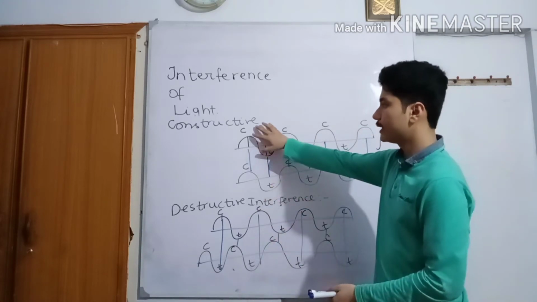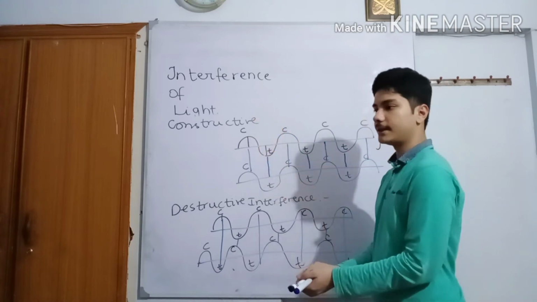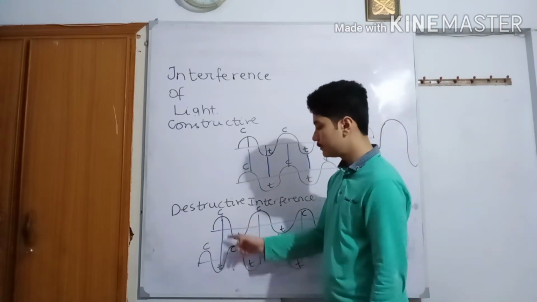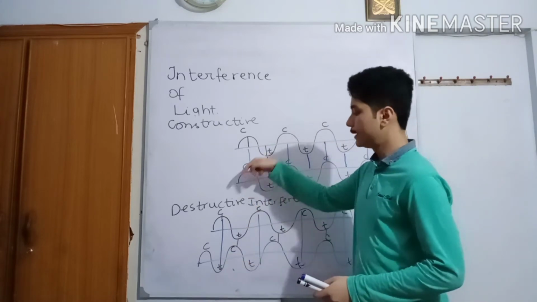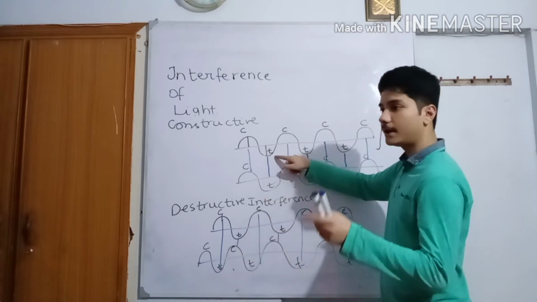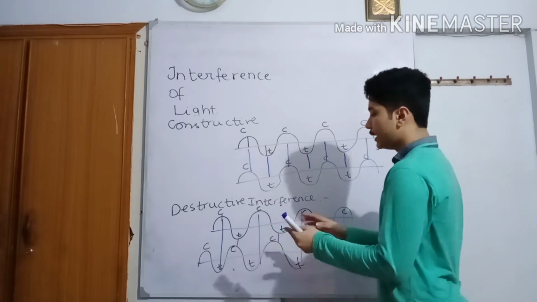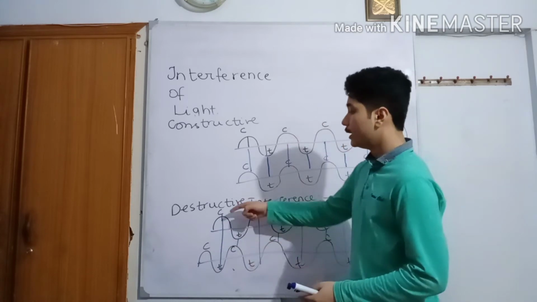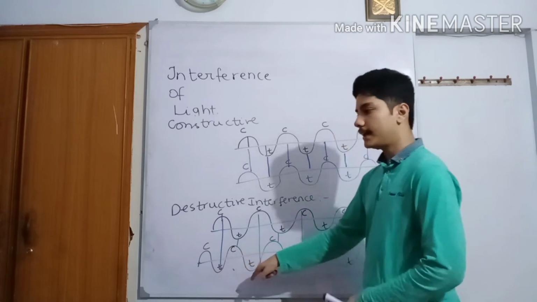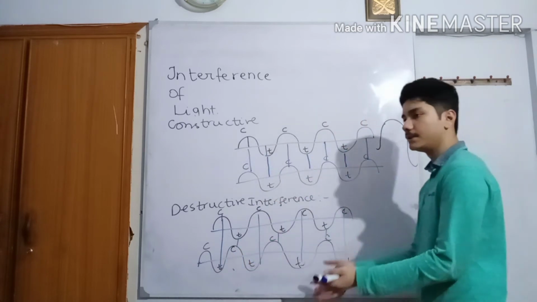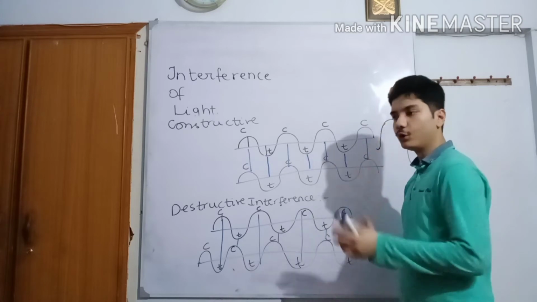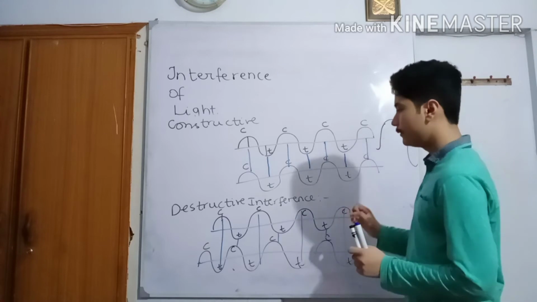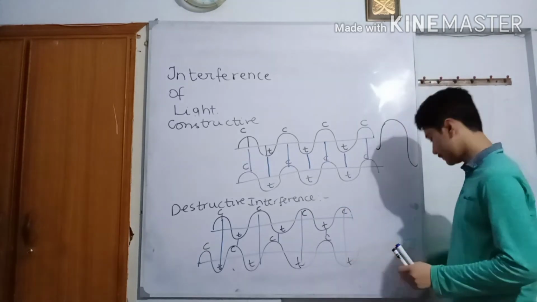In the first condition, the crest is moving with the crest and the trough with the trough, but here this is reversed. The crest is moving not with the crest but with the trough, and the trough is moving not with the trough but with the crest. So if the crest of the first light wave moves with the trough of the second light wave, then the interference is said to be destructive interference, and hence no light will be observed, or maybe a light is observed but with a very low intensity compared to the individual light waves.